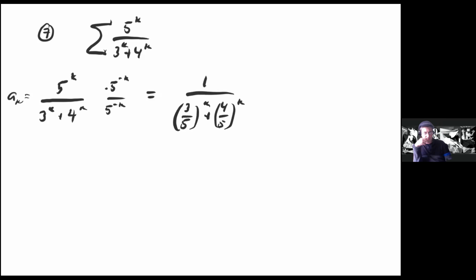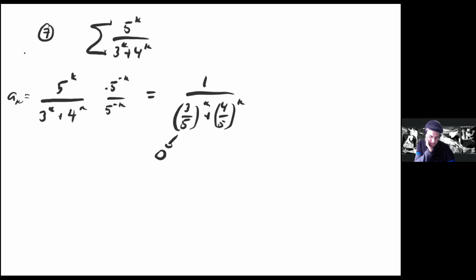Now, if you have a number that's strictly less than 1, and you keep raising it to a higher and higher power, that number gets closer and closer to 0. For example, take a half. If you raise a half to the billionth power, that's 1 over 2 to the billion. That's very small. So it's getting closer and closer to 0.